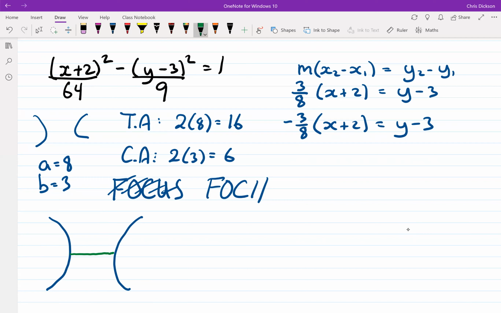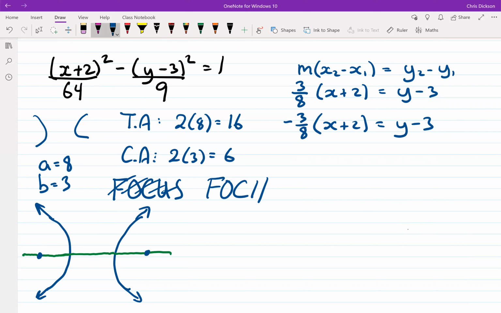That's actually 16 units long, but I'm just going to extend it through. So this is not really the transverse axis, it's just the line that the transverse axis would be on. And what I now know is the foci have to be on that line, but inside the actual mouth of the hyperbola. So it opens like this. It has to be inside there.